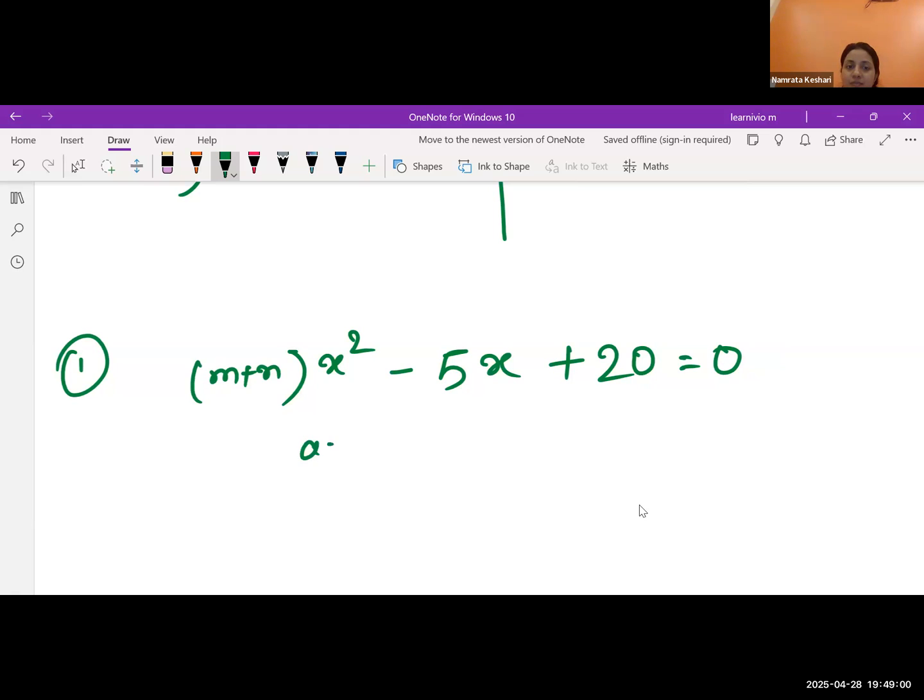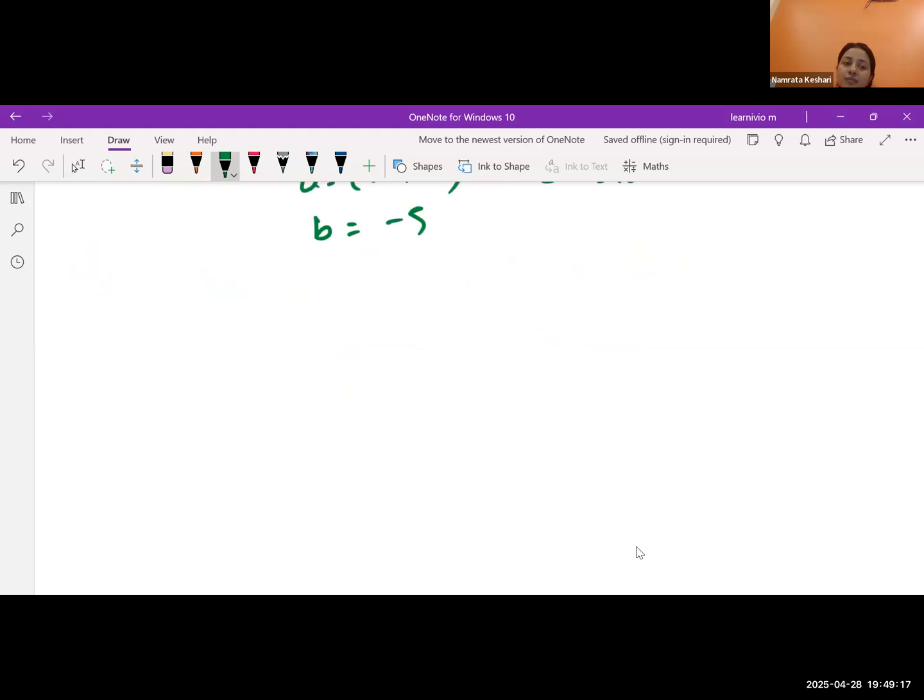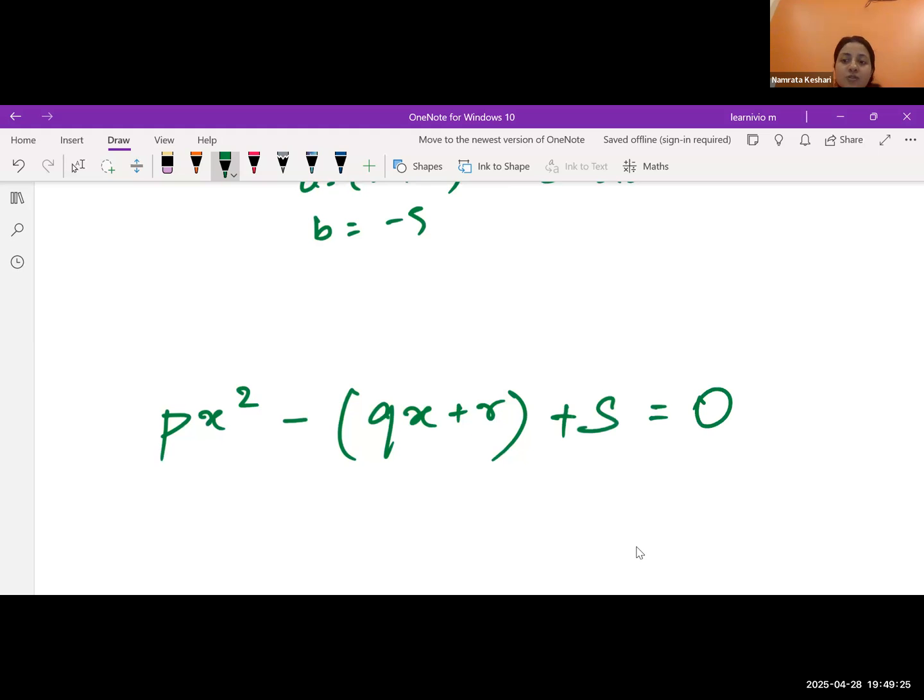A is m plus n, b is minus 5, and c is 20. Perfect. If we are having this, what is a, what is b, what is c?